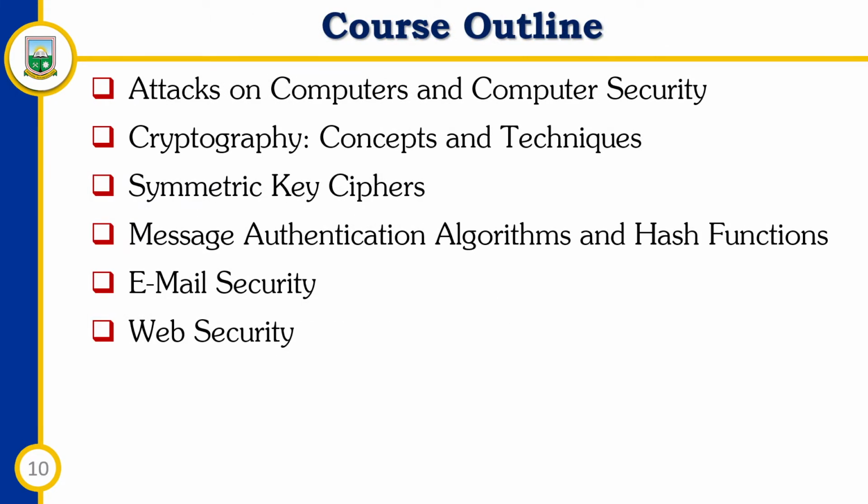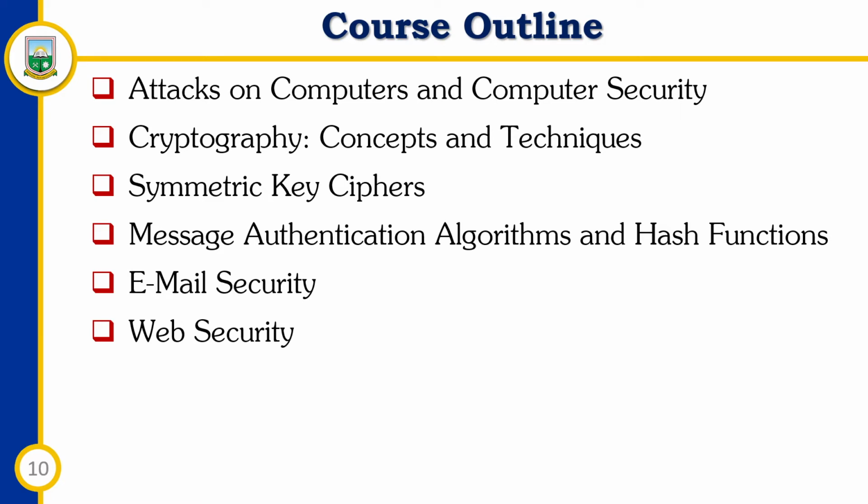Yes, so this, as I've said, will be the outline. The 6 main topics that I'm going to talk about will be centered on attacks on computers and also computer security. That is going to be chapter 1. We'll delve into cryptography, the concepts and also the techniques. That will be chapter 2. We'll delve into symmetric key cipher.